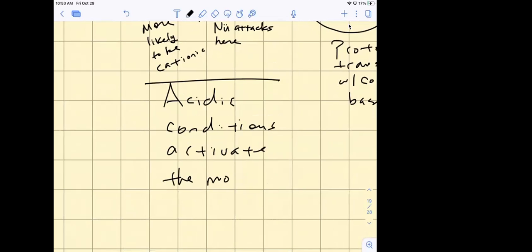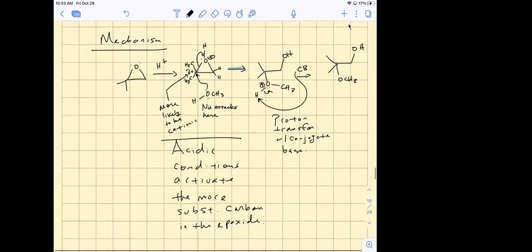So the acidic conditions are going to activate the more substituted carbon. That's why the nucleophile attacks there. And if you do it under neutral conditions, then it becomes more about sterics than electronics. So under neutral conditions, it's just going to attack the other side.